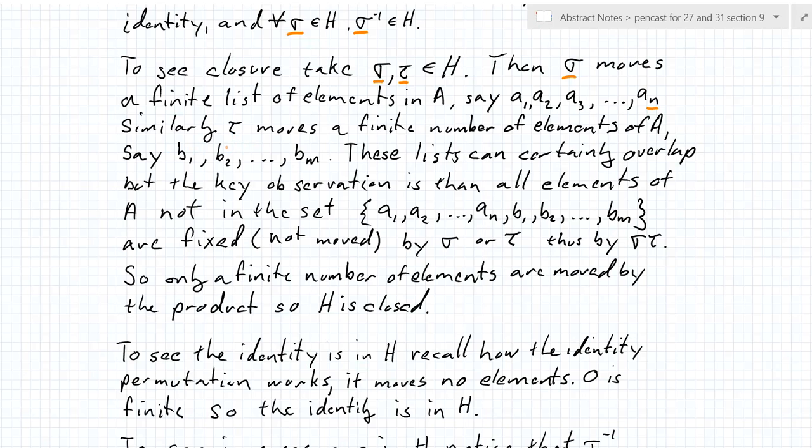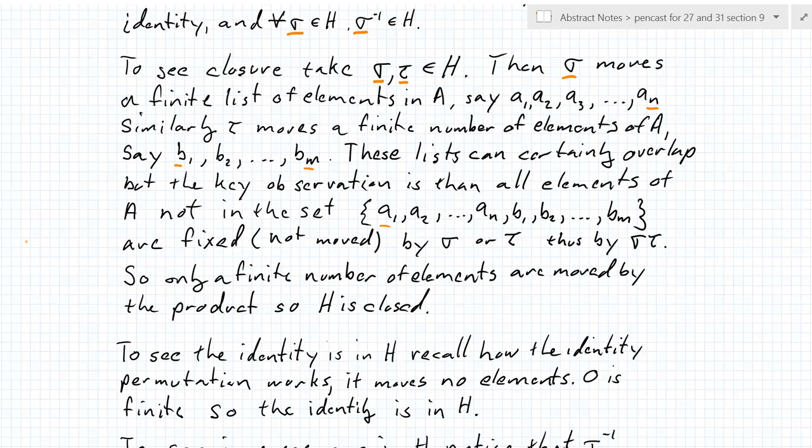Similarly, if we take another permutation tau that's in H, it moves a finite number of elements as well. And we can label them b1 through bm. So n and m may or may not be equal, but we do know they're both finite and they're both integers. These lists can certainly overlap, but the key observation here is that all the elements of A not in the set of elements that are moved are fixed.